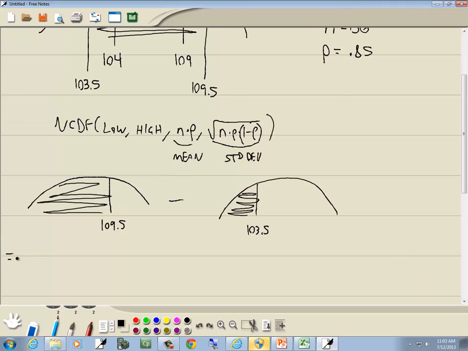Now this is going to be equals norm dist, and then we'll put in 109.5, our mean, which is n times p.